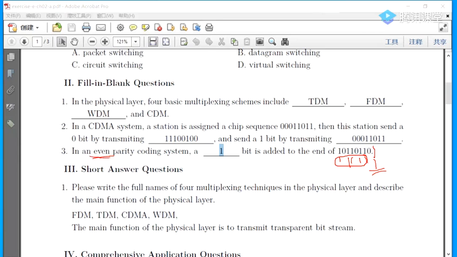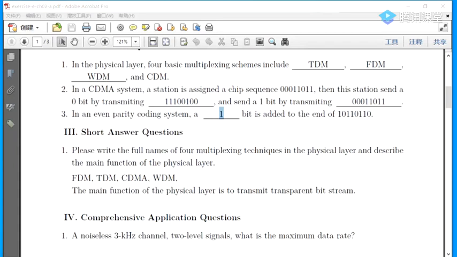That makes the whole number of 1 bits even, right? In the odd parity coding system, 0 bit should be appended to the end of the sequence, right? So the question is easy.